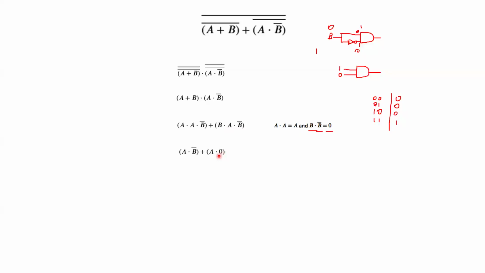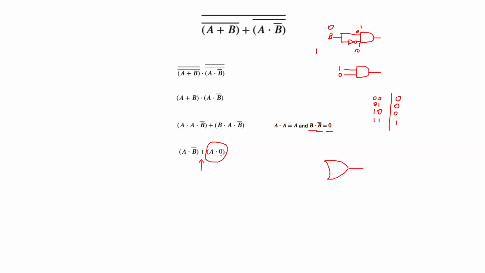But that's going to be an OR gate right now. So look at this. Over here, this expression right here, we have an OR gate. No, sorry, what am I doing? Okay, we're looking at this expression right here.